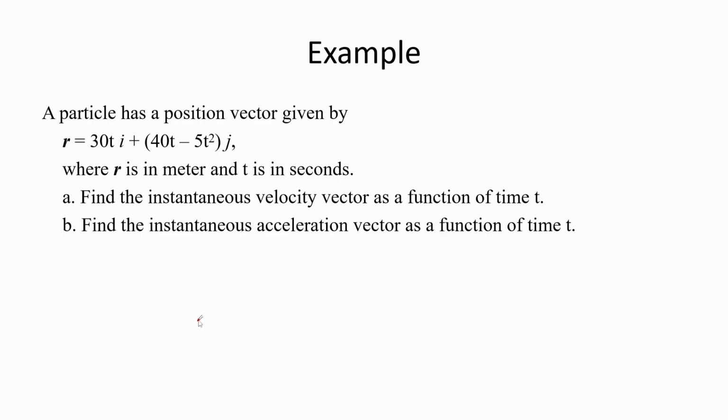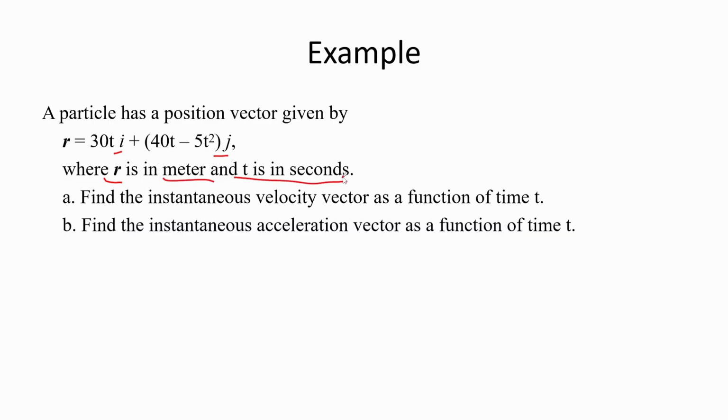So you have a particle with a position given by this r function. So its position function is given as a vector sum of two axes, i hat and j hat. So r = 30t i hat + (40t − 5t²) j hat, where r is in meters and t is in seconds.